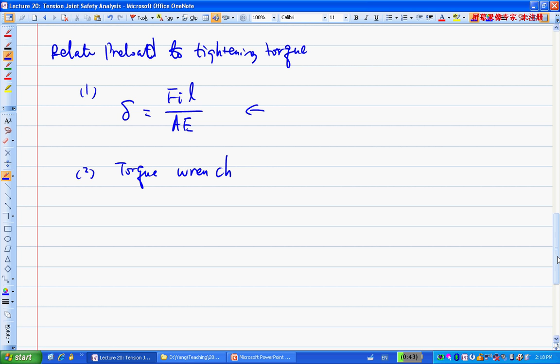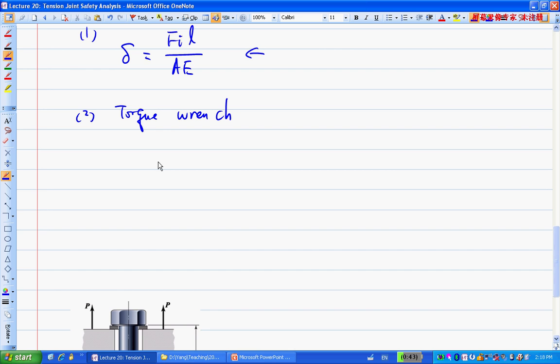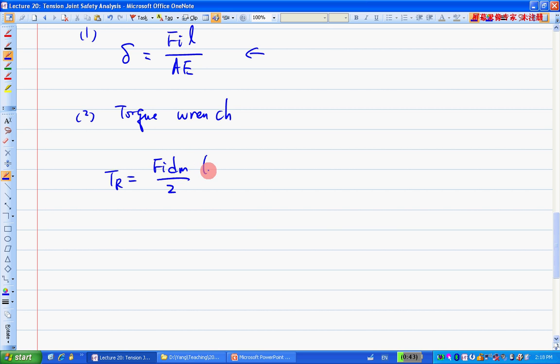In that particular case, we derived the formula. It's called TR equal to Fi dm over 2 times L plus F pi dm secant alpha. You don't have to write this one here. I just want to illustrate the idea.